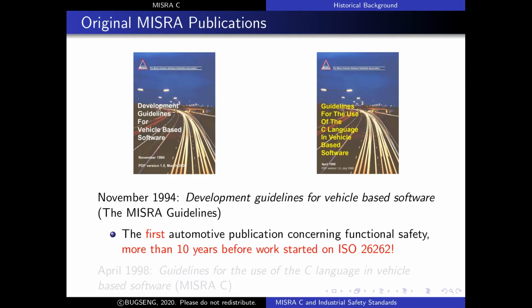This was published in 1994, and for many years, they were the only guidelines available in the automotive sector. So they were published more than 10 years before work started on ISO 26262. And the second publication, the one on the right, is the first version of MISRA C, dated April 1998.